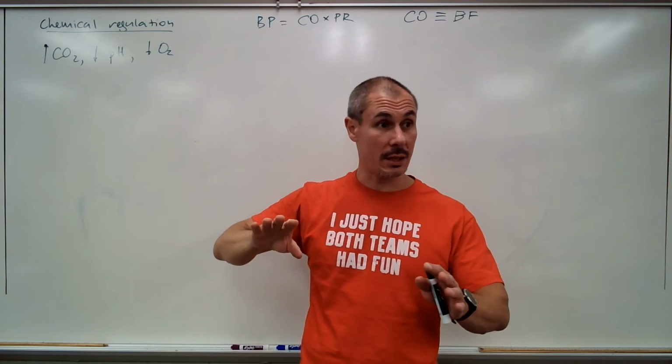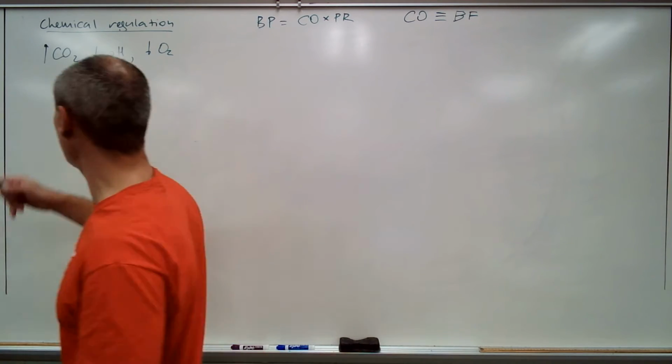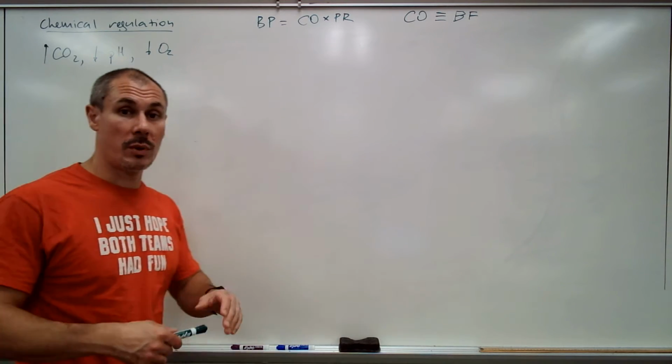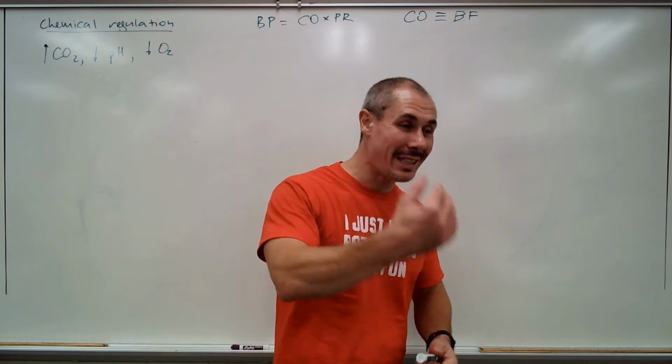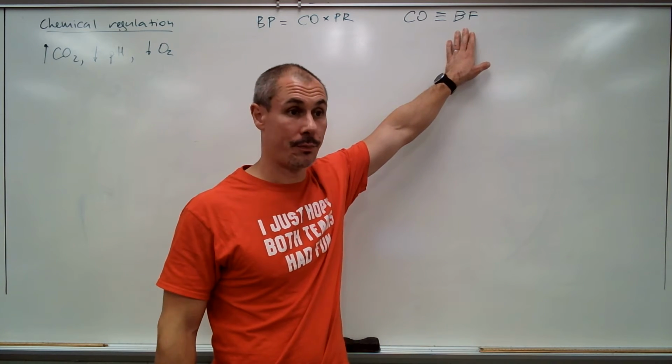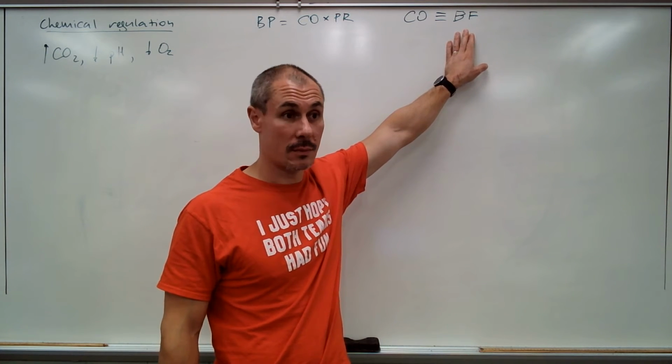Okay? That makes sense. So when systemically we have elevated CO2 or lower pH or lower oxygen, it means that blood doesn't move fast enough. We need increased overall blood flow. Does that make sense?